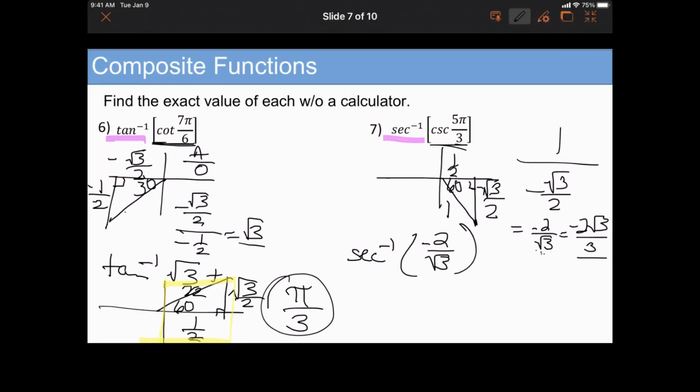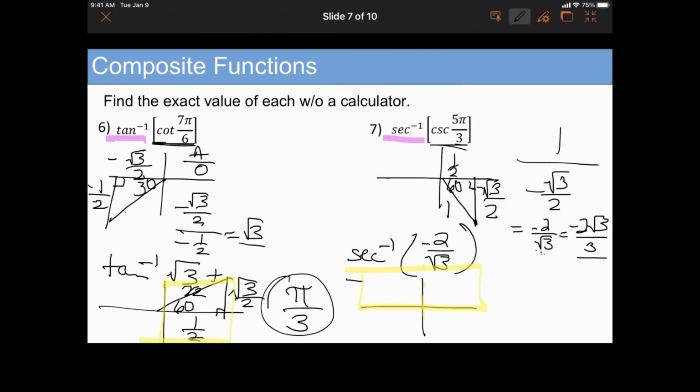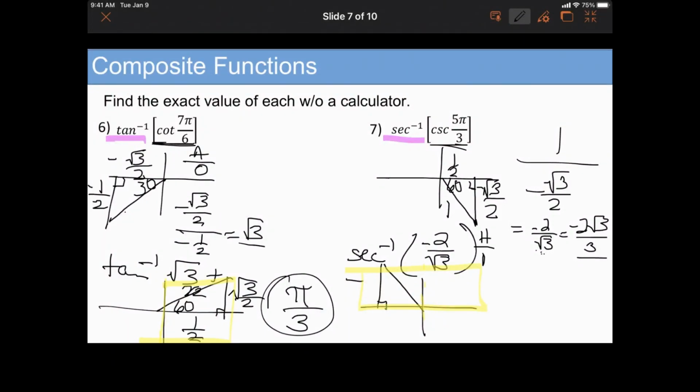Okay. Now this is inverse secant. Inverse secant is in the second quadrant. So it's negative here. And it is hypotenuse over adjacent. So this is 2 over negative root 3.